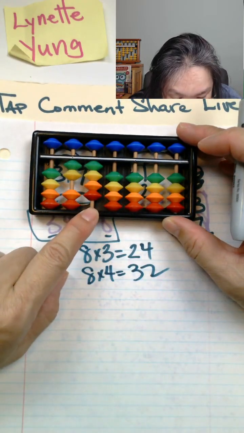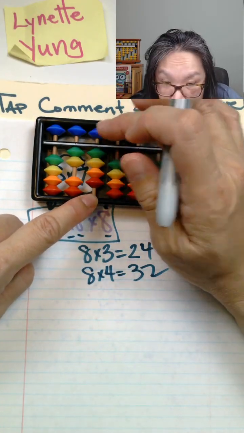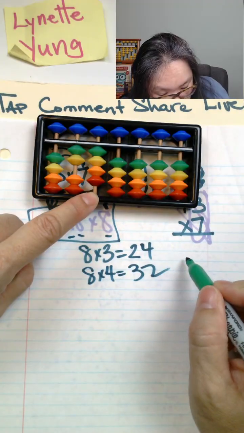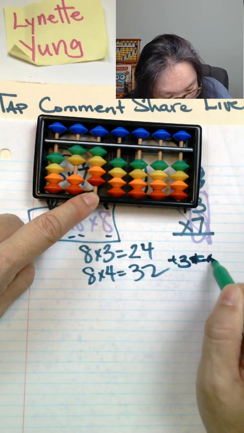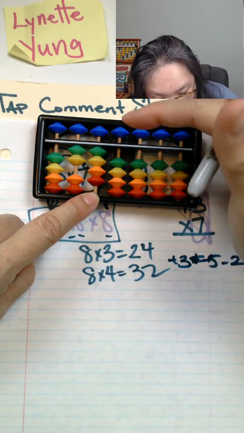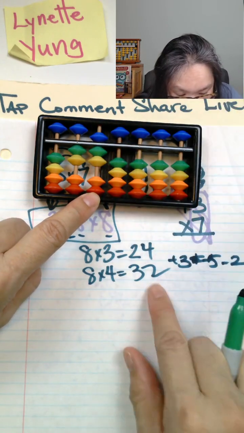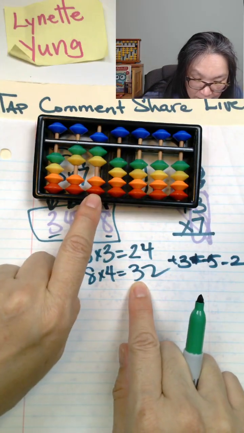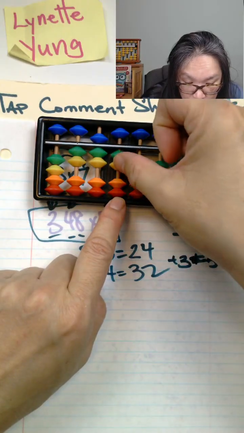So what do I do? Well, can I add the 5? Yes, I can. Plus 3 is equal to plus 5 minus 2. So I add the 5 and I take away the 2, and then I added my 3. Now I go to the next column and I add the 2.